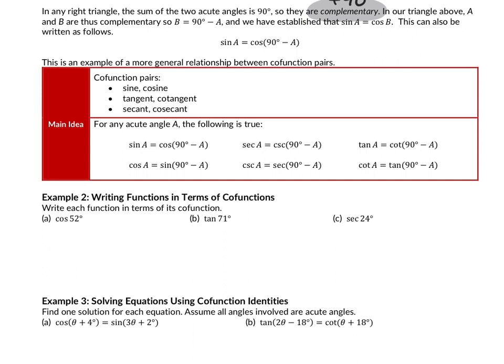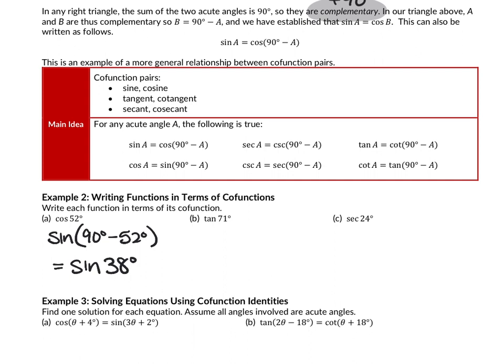For example, cosine of 52 degrees can be rewritten with its cofunction. Cosine has a cofunction with sine as long as we do 90 minus that angle. So 90 degrees minus the 52 degrees from cosine of 52 degrees, this is identical to sine of 38 degrees. 90 minus 52.